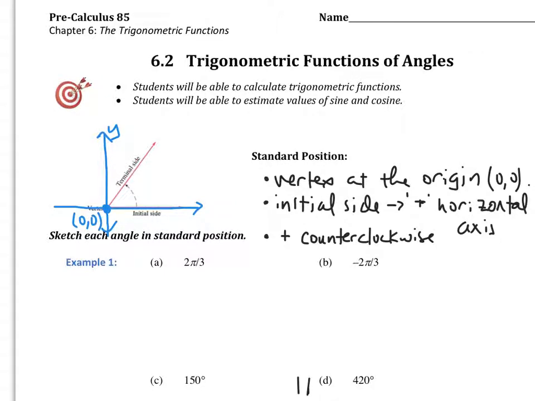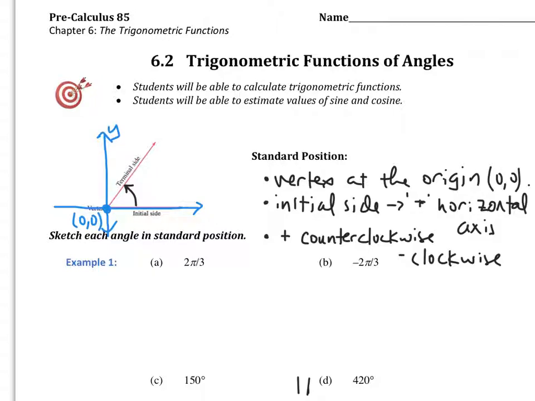Okay, so this angle that you see here, going in a counterclockwise direction, represents a positive angle, and therefore a negative angle would be clockwise. And you're going to see that when we go through the example. Okay, so some just basic ideas.